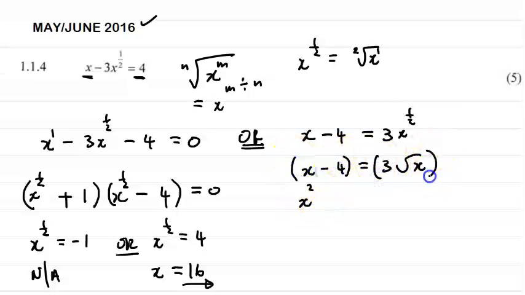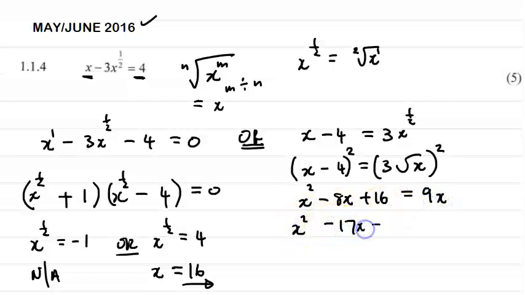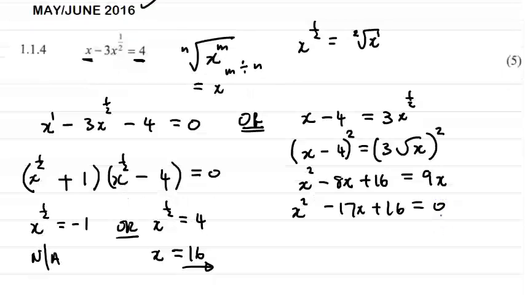So that will be minus 4x times 2 is minus 8x, plus 16 equals, if I square that now, it will be 9x. So then I'll have x squared minus 17x plus 16 equals 0.